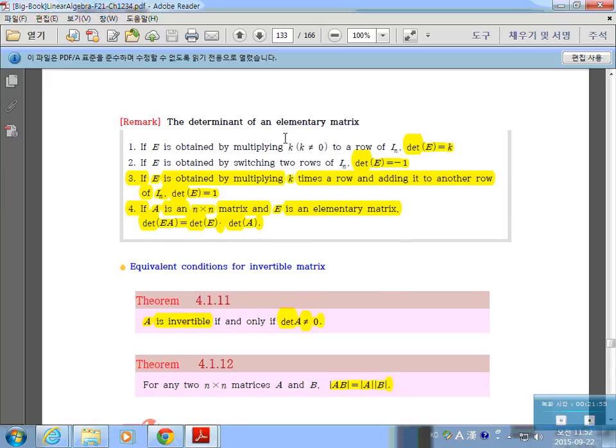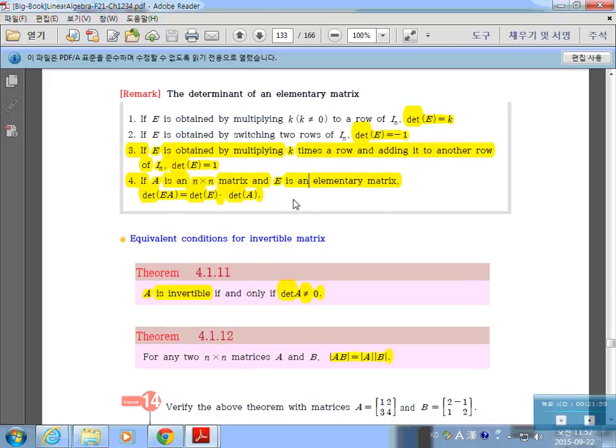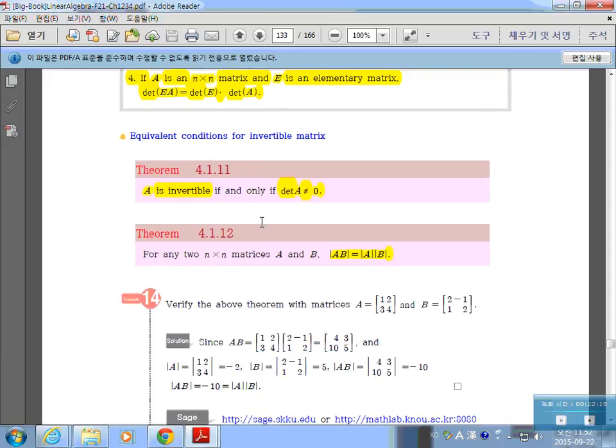The determinant of an elementary matrix is actually what you already know. If E is obtained by multiplying a row of the identity matrix by k, then the determinant of that matrix is k. Swapping rows changes the sign, and the third type elementary operation does not make any changes.